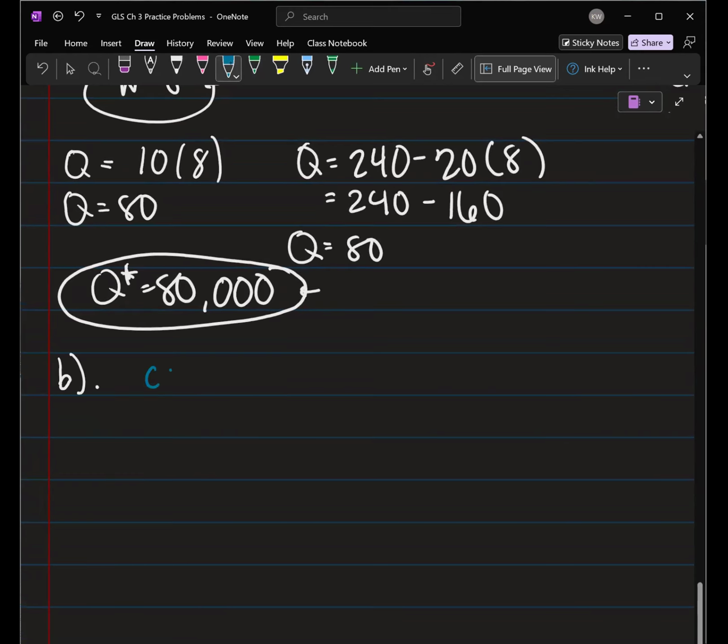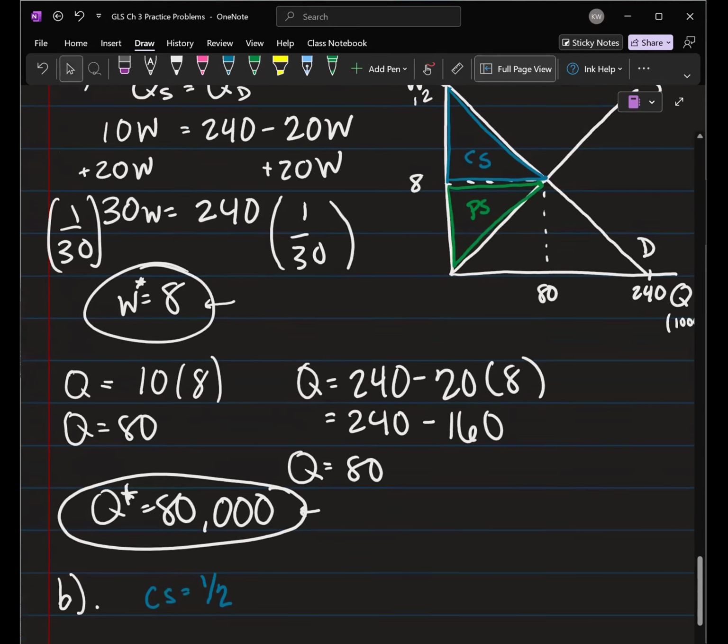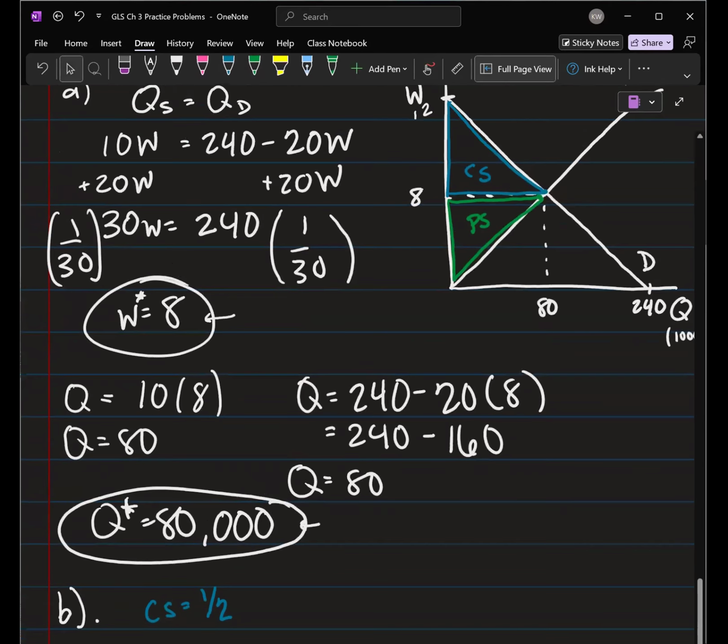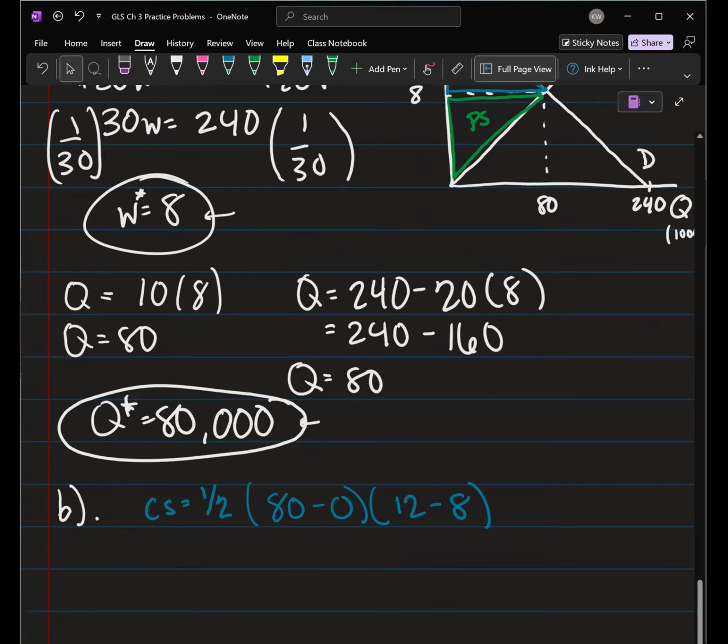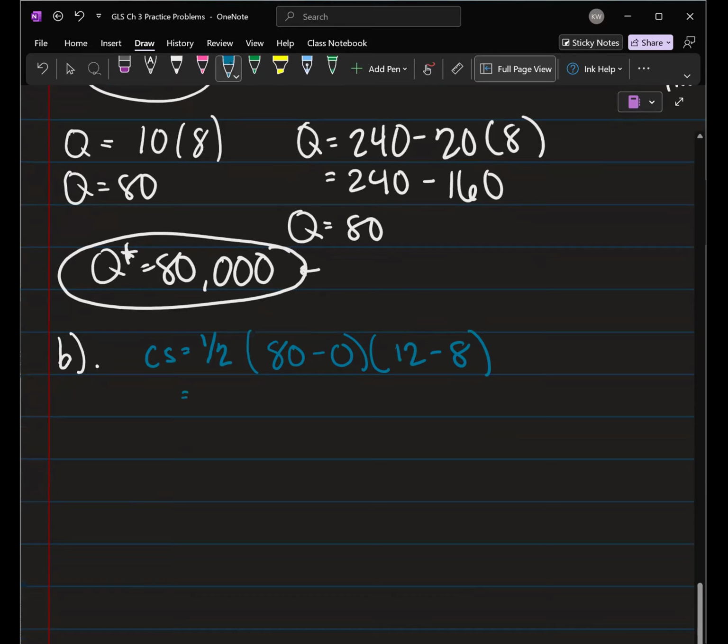So for consumer surplus, that's a triangle, so we're going to use that area of a triangle formula. We'll have consumer surplus equal to 1/2 times our base, which is the amount of labor hours hired, times the height, which is the difference between the choke price and the equilibrium price. So that's 12 minus 8. Simplifying, we're going to get 1/2 times 80 times 4.